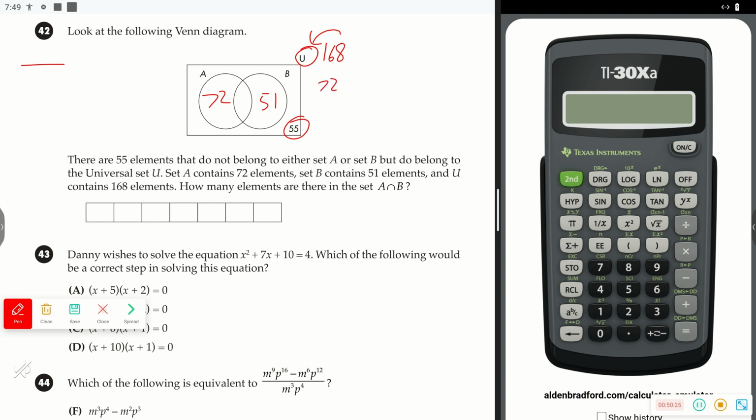We have 72 plus 51 plus 55. That's actually going to equal, I think it equals 178. Yeah, it equals 178. So if you add all these up, it's 178. But the total is actually only 168, which means that 10 of these numbers in set A and B were repeated.